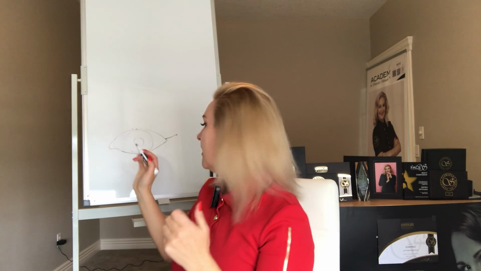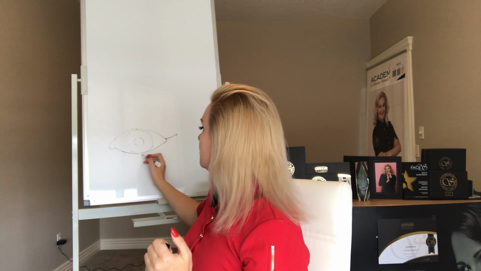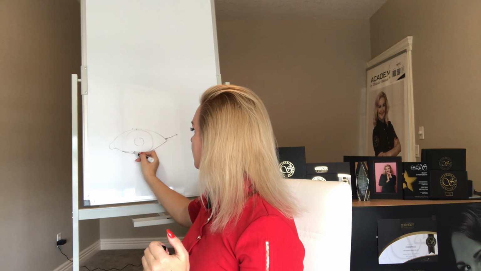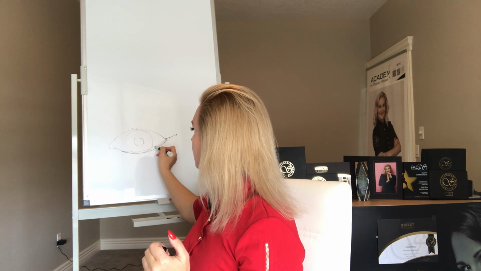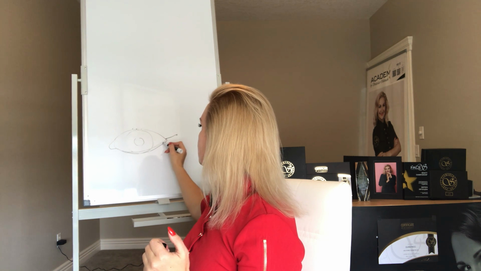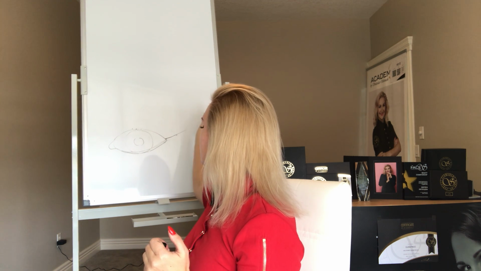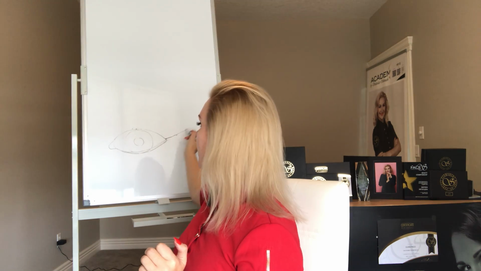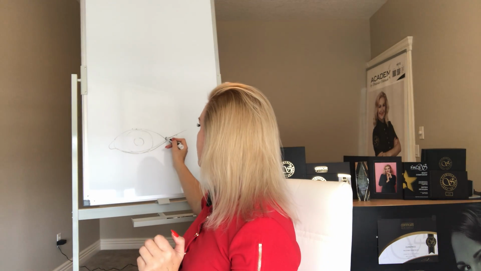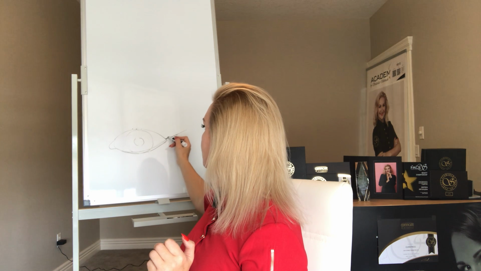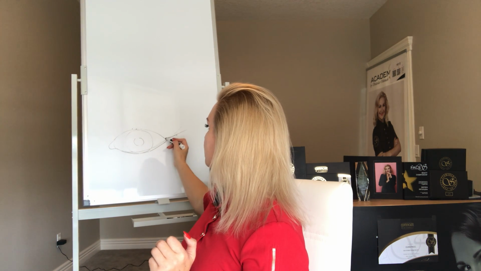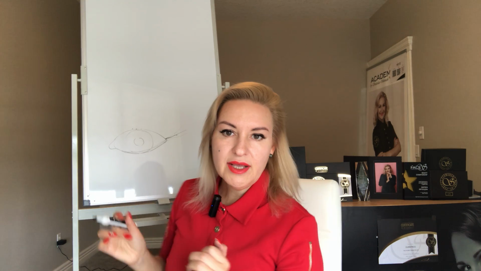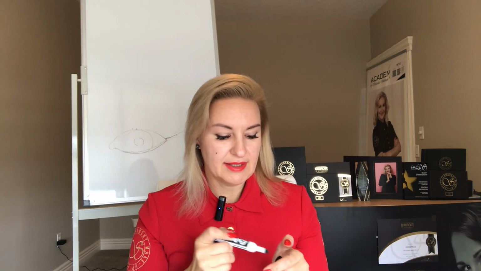And usually when I am creating the line, I am just following the bottom line of the eye, like that, you see? It's very, very easy just to follow the eyes of your client. And as I told you, you can discuss the tail. You can go a little bit up, or you can go a little bit down. It depends on the preference of your client.